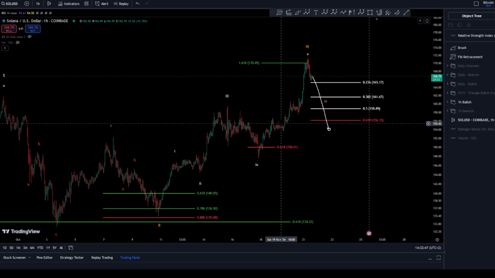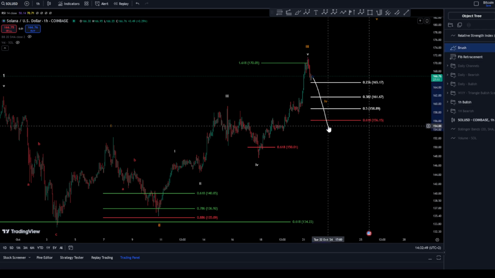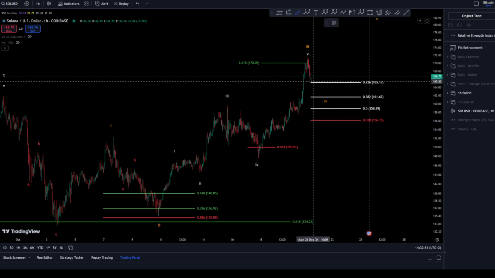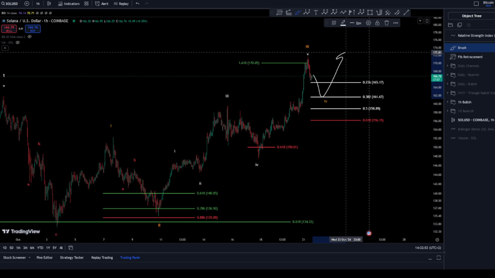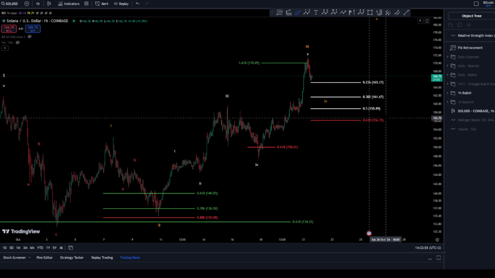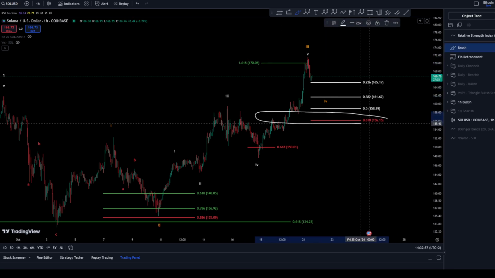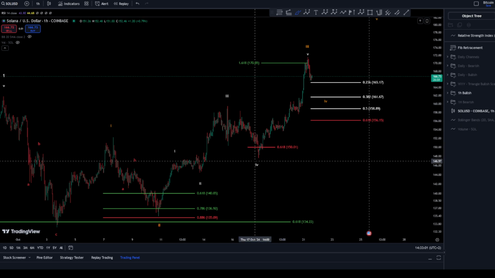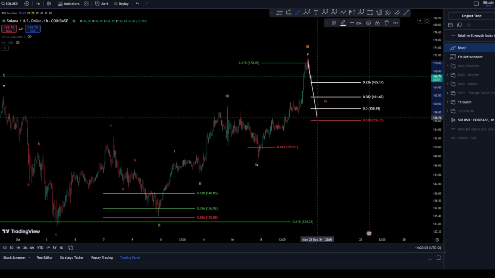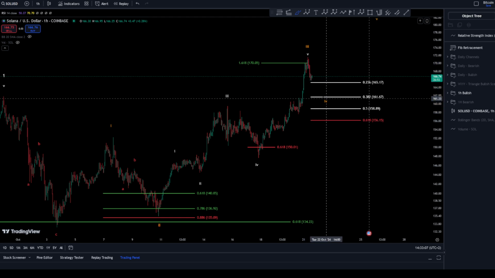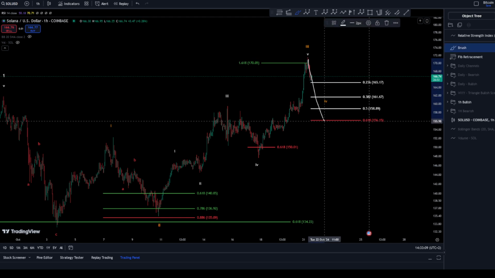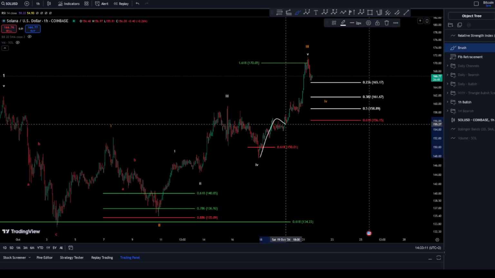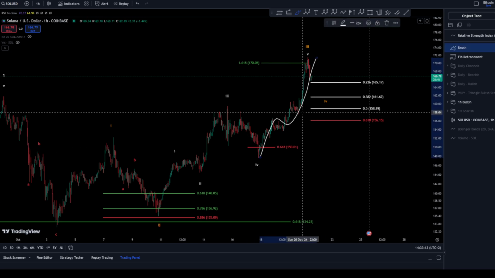Now, what you don't like to see is that you hit this 0.618 if you are bullish and you want to seek continuation, because your 0.618 is even lower than your wave 1 zone. So you would not like to see the price getting into the zone of your wave 1. Therefore, invalidation of a wave 4, and we cannot call this an impulse.